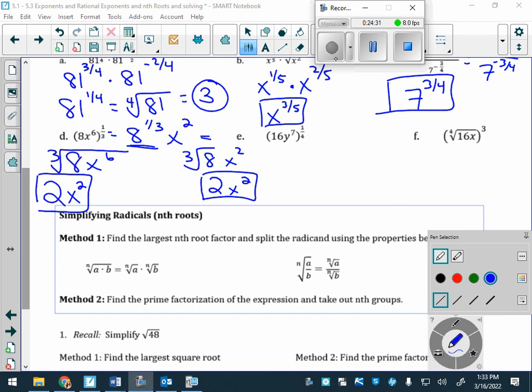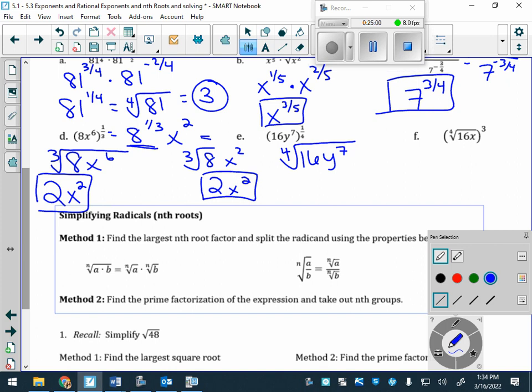Danielle? 2y to the what? Okay. Anybody else? Sabrine? The 4th root of y to the 3rd, right? Yep. Okay, good. So we have the 4th root of 16y to the 7th.